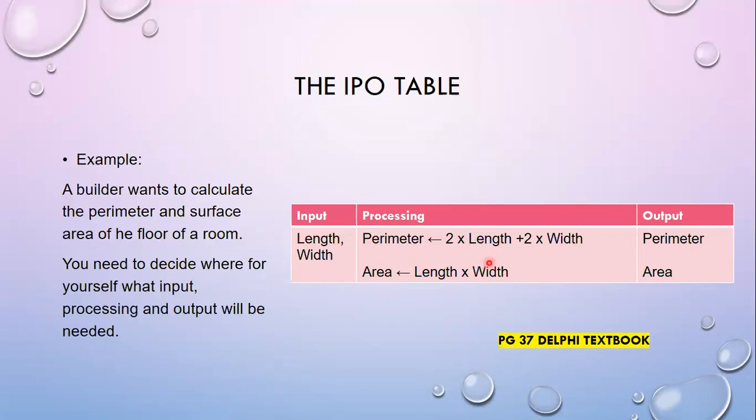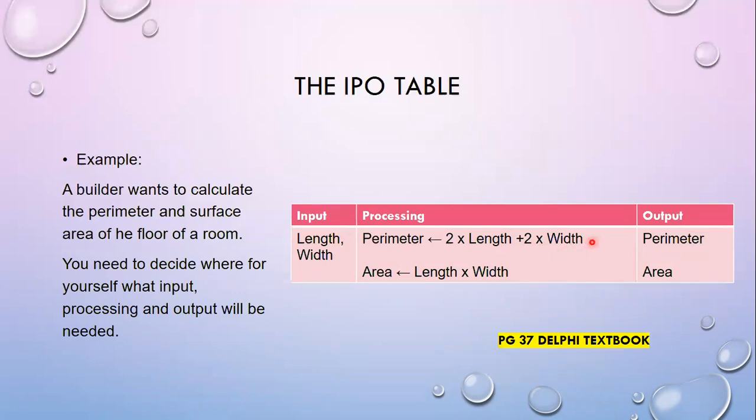So perimeter is 2 times length plus 2 times width. Now please, one thing you need to remember, back to maths, BODMAS: brackets, of, division, multiplication, addition, subtraction. So exactly the same principles that apply in maths apply in Delphi and any programming language.